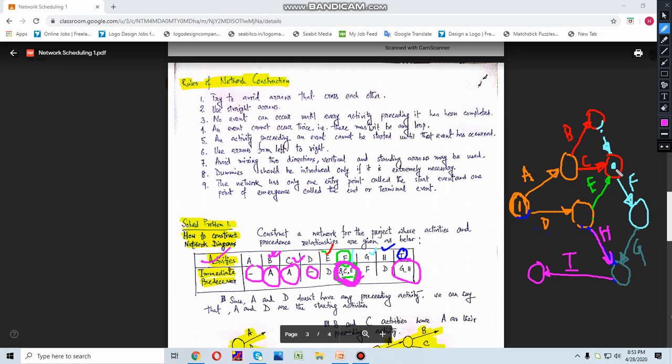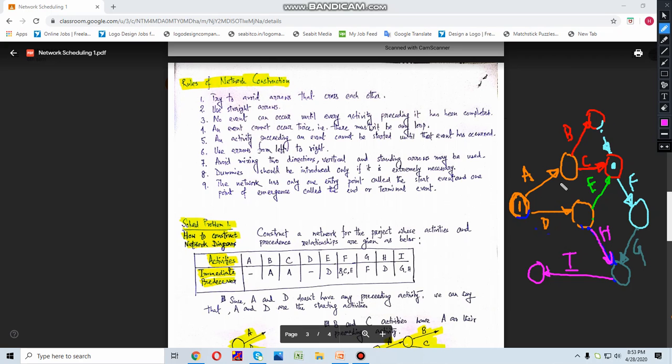But it's a suggestion, try to avoid dummy activities. If there is no way out left, then you have to obviously use a dummy activity. Okay, now if you remember, I told that I am leaving these circles blank. Why is it blank? Now I am just going to fill it up.